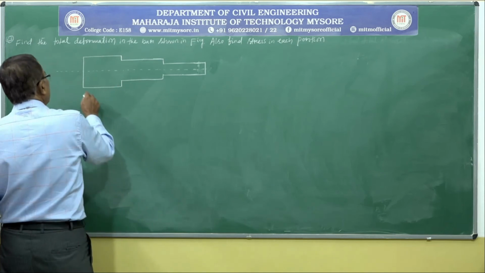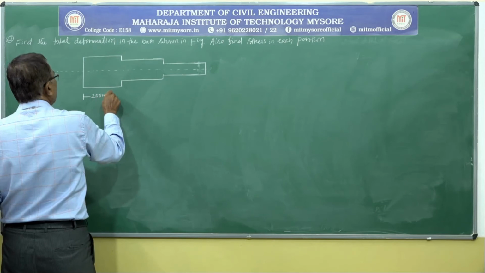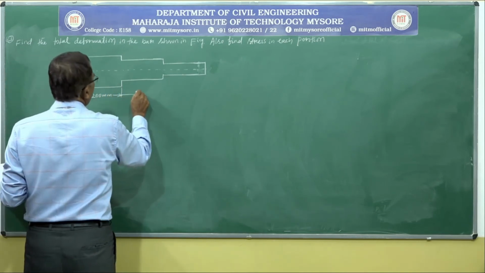A bar of varying cross section, same length for 3 portions, having length 200 millimeter.